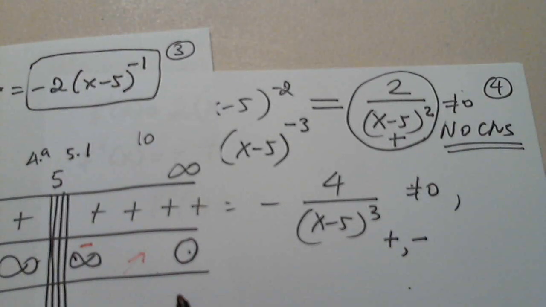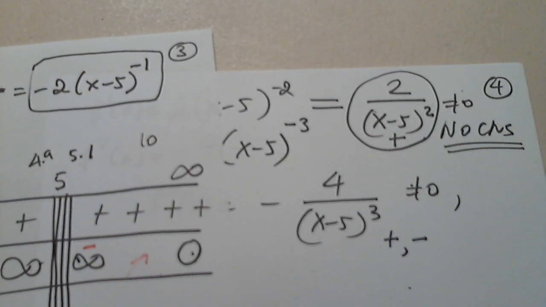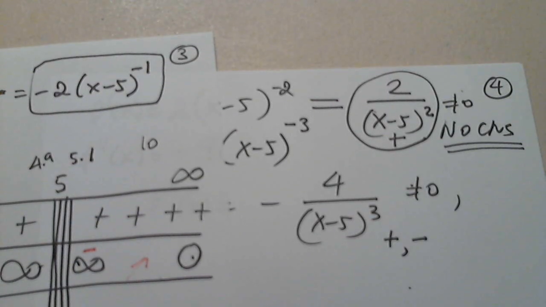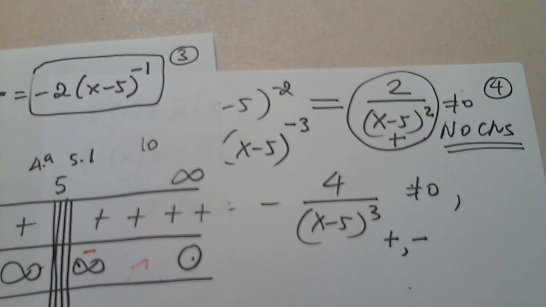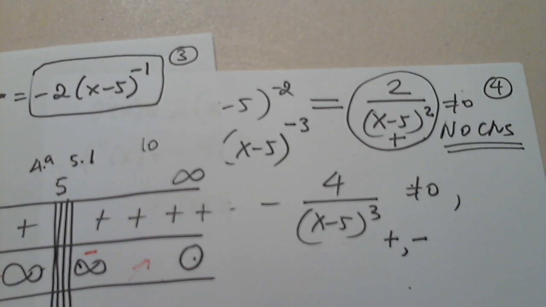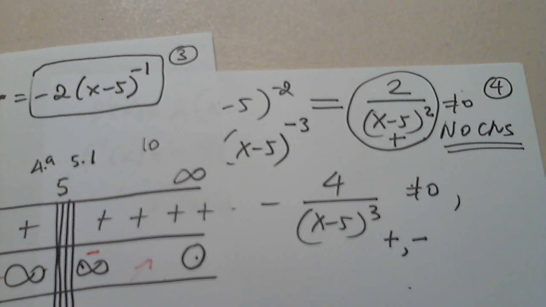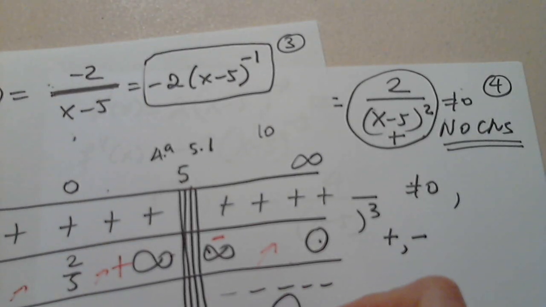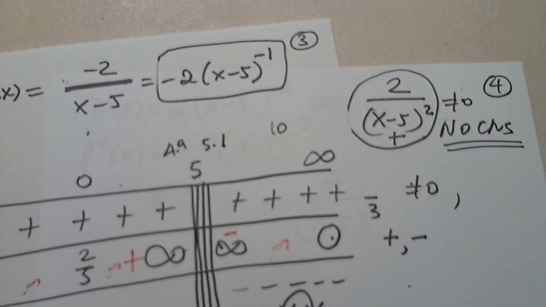What sign do I have here? It's okay if you're wrong. What do you think? Negative. Yes, thank you very much. Which means the function has to open downward.